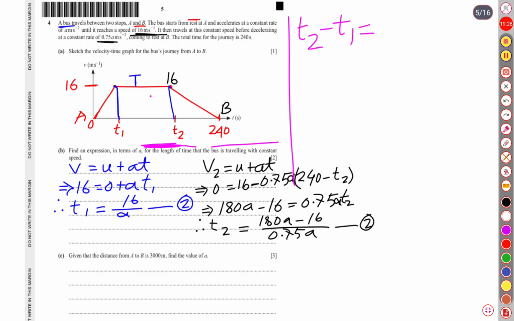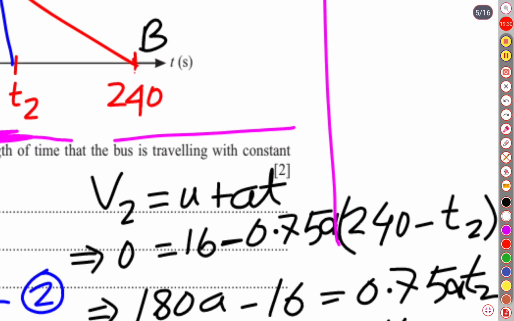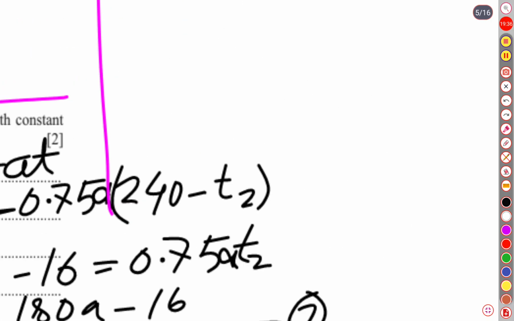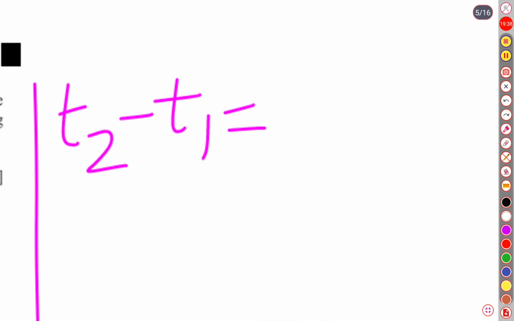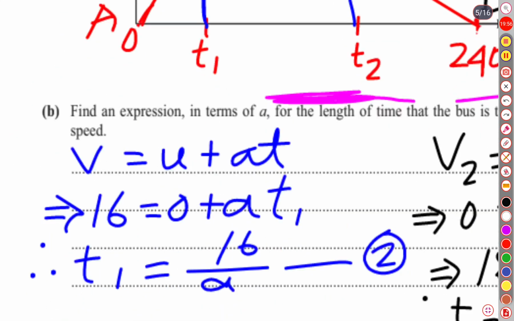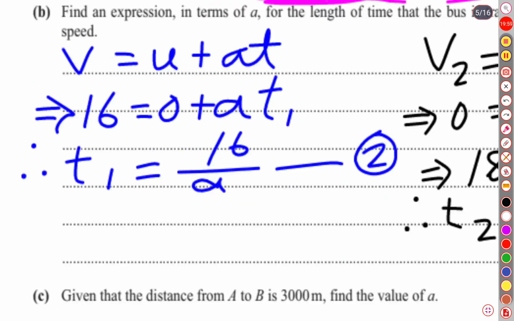First t2, let me zoom it out, otherwise this space is not sufficient to be written. Okay, t2 is 180a minus 16 over 0.75a. This is equation number 2, minus equation number 1. Equation number 1 was what?